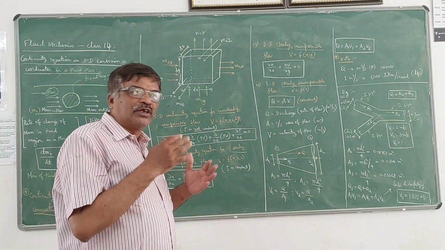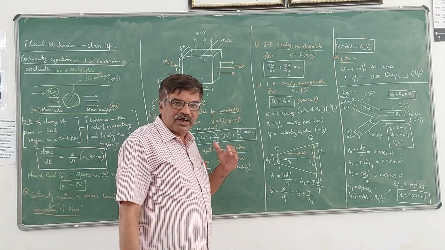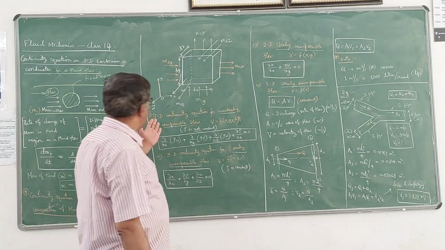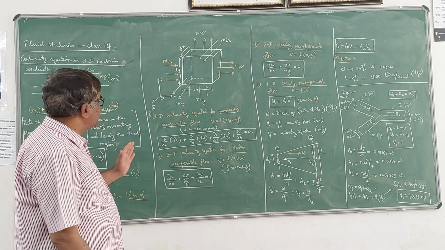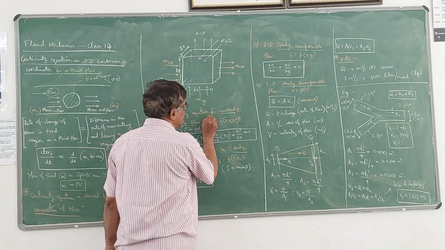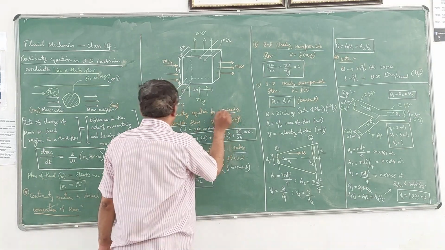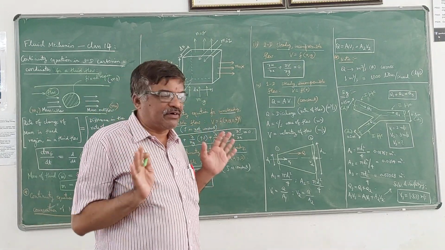Depending on the type of flow, we can write the continuity equation in different forms. I have written here four different forms which are important for us. The first form is the three-dimensional continuity equation for unsteady compressible flow. This is the general equation.